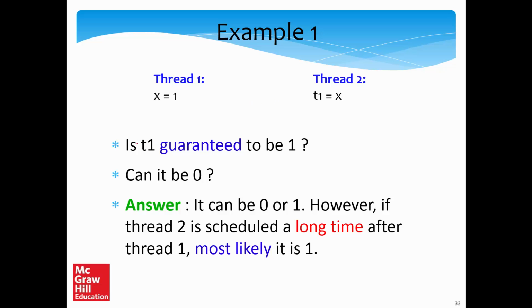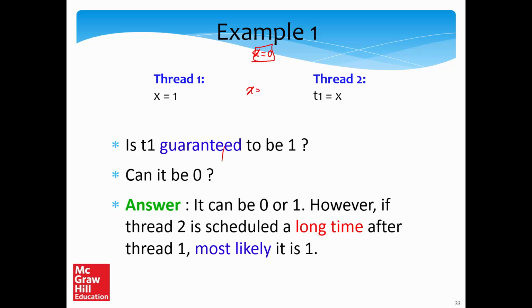So the first question that we ask is, is t1 guaranteed to be 1? Well, this depends on the order in which these instructions execute. So assume that the starting value of all global variables is 0. Can it be 0? The answer is it can be either 0 or 1, and it depends on the relative ordering of execution.